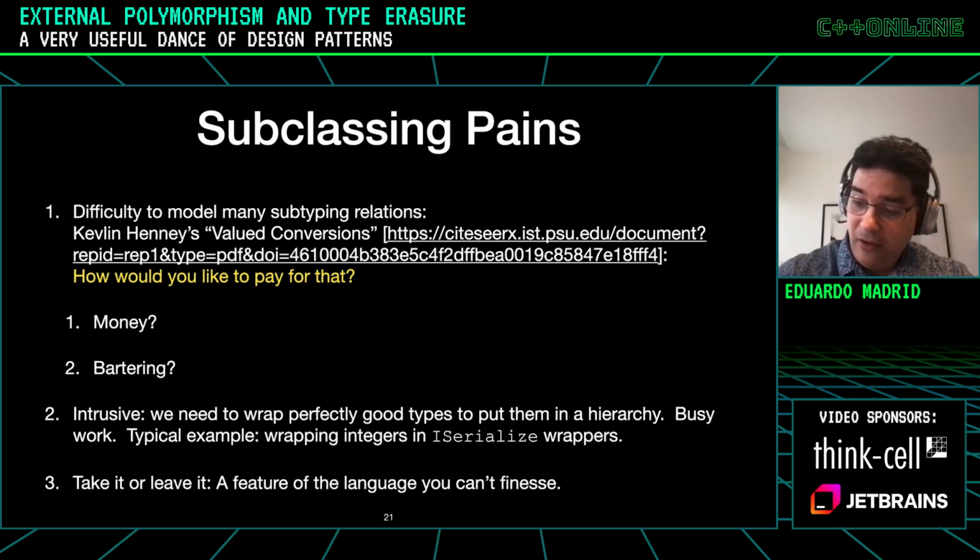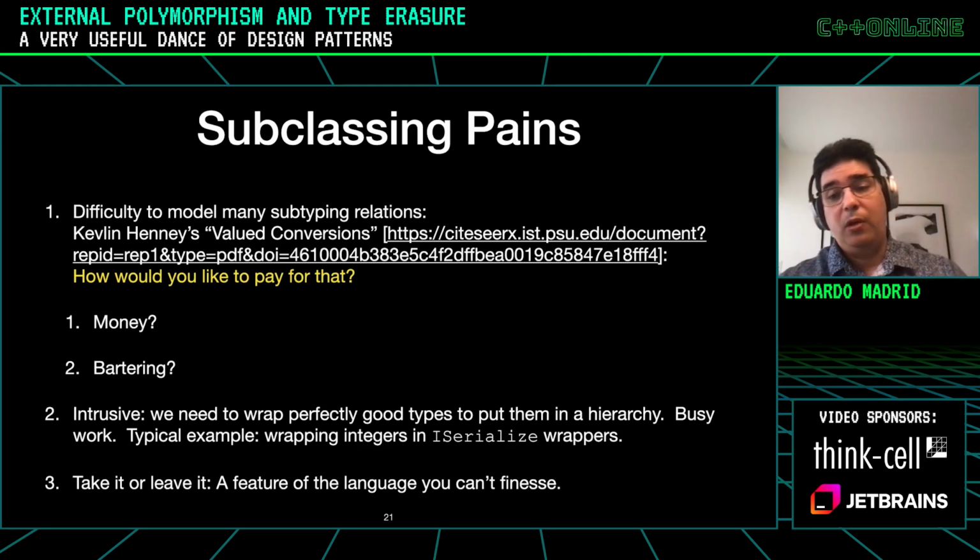Obviously, the fundamental primitive type of an integer comes much before any user need to serialize an integer, because those needs tend to be quite different. And then there is the problem that you had to do all the busy work to wrap something like an integer into the wrappers.